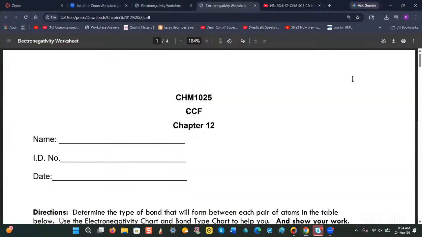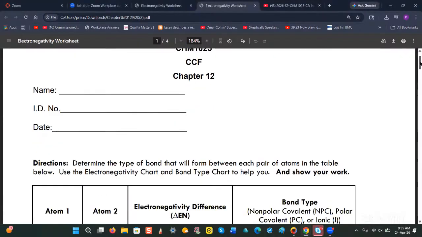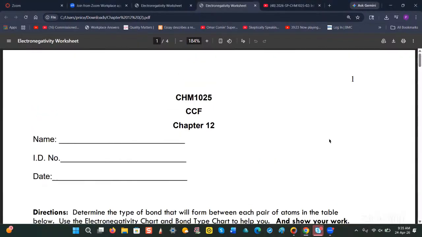So chapter 12 is what we're going to discuss. And in chapter 12, the focus is on bonding, all right? Again, I'm assuming that you watched the videos. And if you did, you would realize that when we're talking about bonding in chemistry, we're talking about a force which holds atoms, in the case of molecular compounds, and ions, in the case of ionic compounds, together, right?